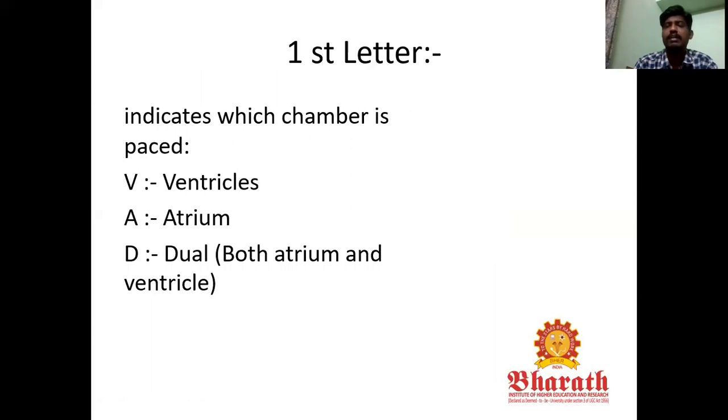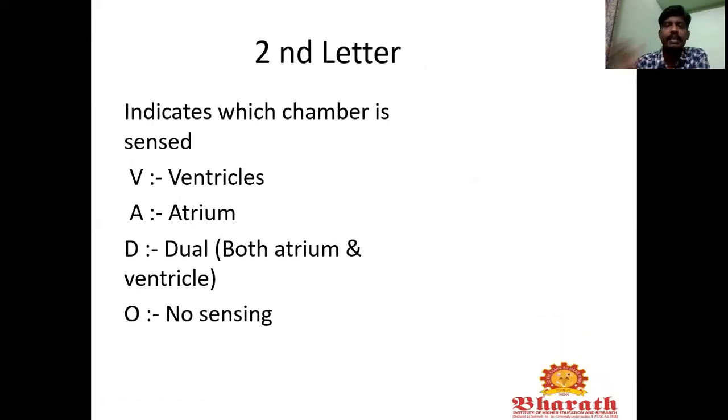The first letter indicates the chamber paced: V means ventricle, A means atrium, D means dual, both atrium and ventricle. The second letter indicates which chamber is sensed: V ventricle, A atrium, D dual, both atrium and ventricle.